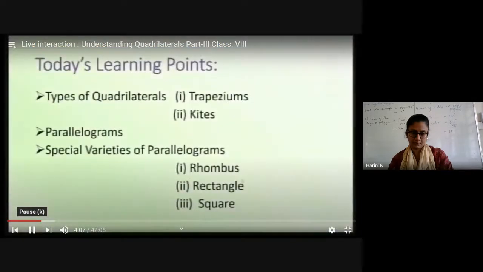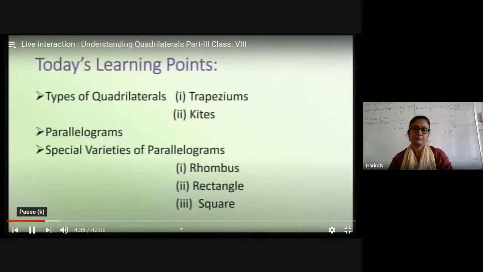Followed by that will be the parallelograms, which is taken separately because it has some special attributes we shall see today. Then we will branch out to further special varieties of parallelograms, in three categories: the rhombus, the rectangle and the square. This is exactly what we are going to see in total in this 40 minutes today.